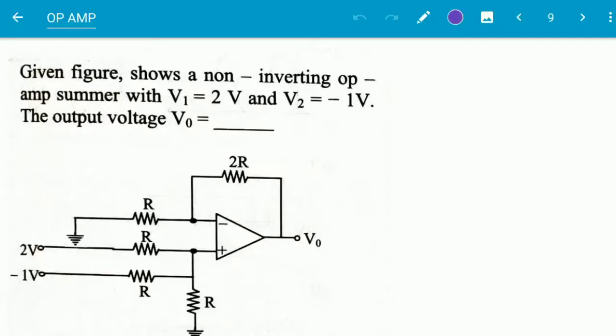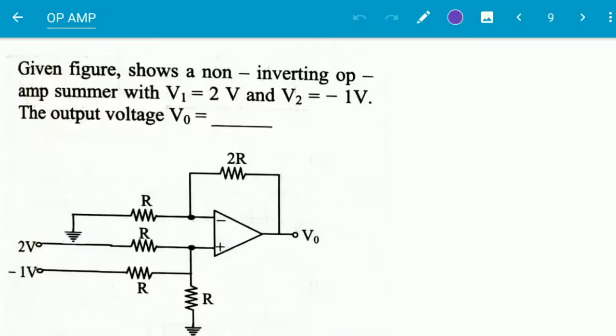Apply KCL at B position; suppose this one is A position and this is B position.